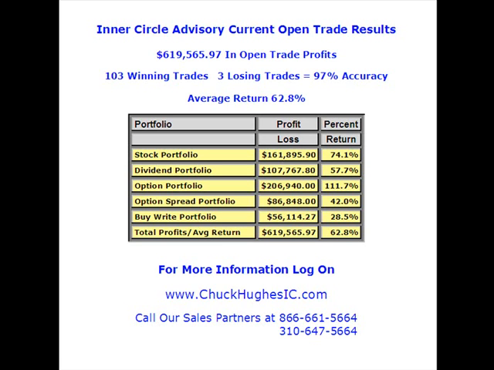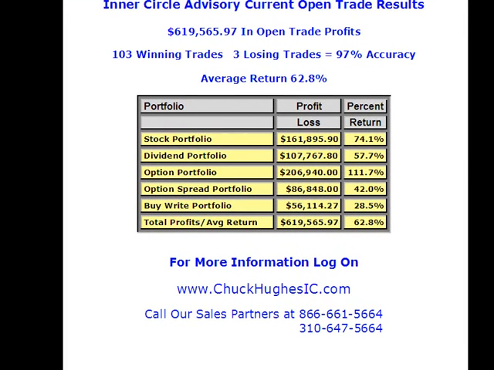And you can see that we currently have over $619,000 in open trade profits. We have 103 winning trades, 3 losing trades, which equates to 97% accuracy, and we have an average return of over 62%. So the Inner Circle Advisory is performing very well this year despite the difficult market conditions.